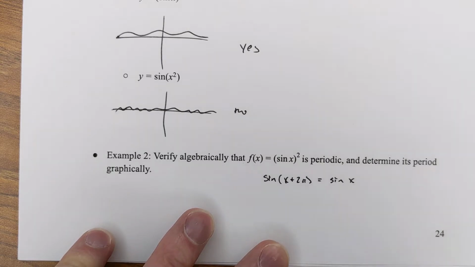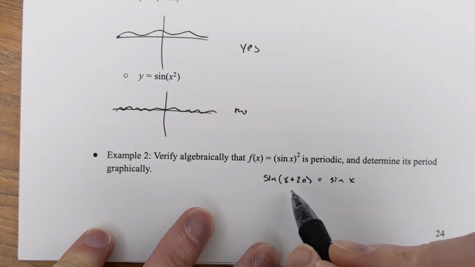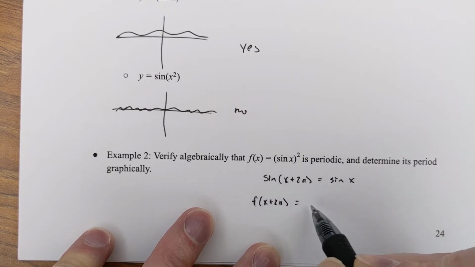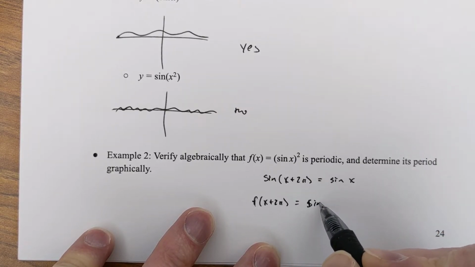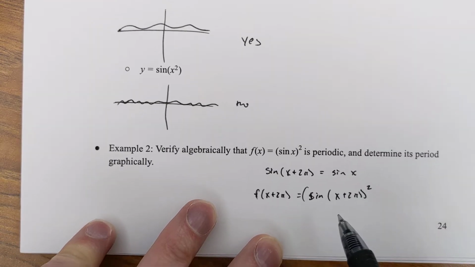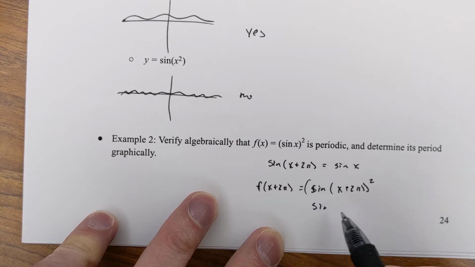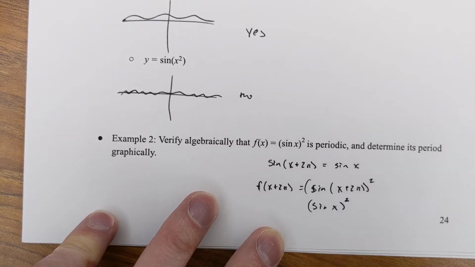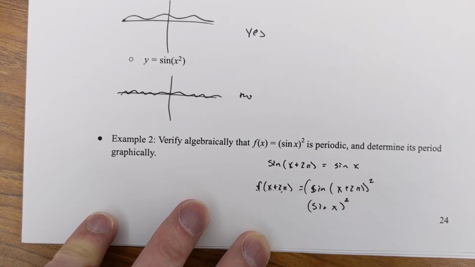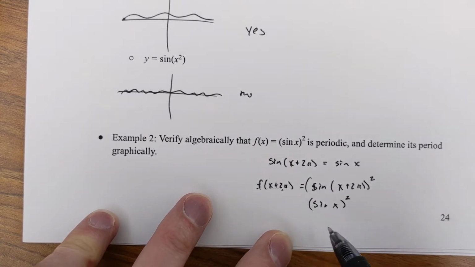If I do f of x plus 2 pi, this would become sine of x plus 2 pi, squared. Well, the sine of x plus 2 pi is the same thing as sine of x, so I get the same thing. F of x and the repeat are the same functions, so it's periodic.